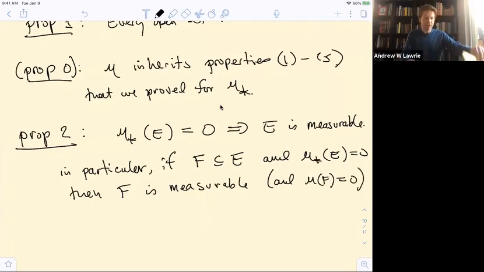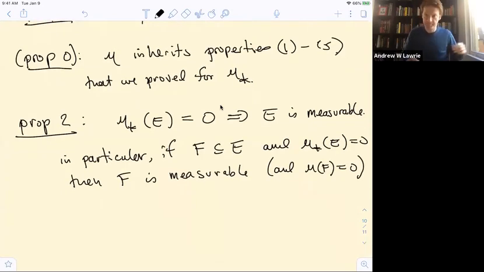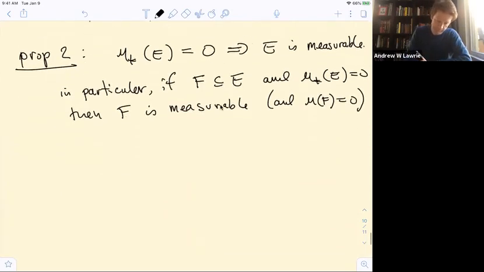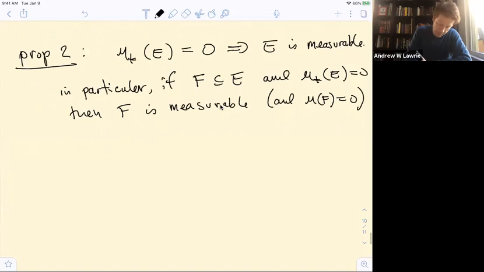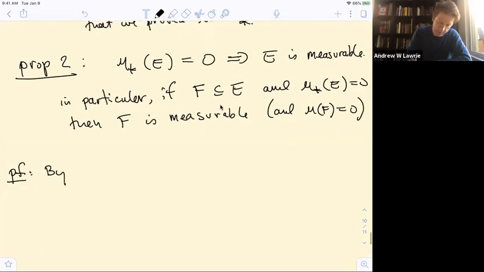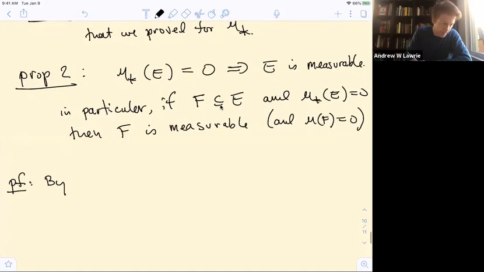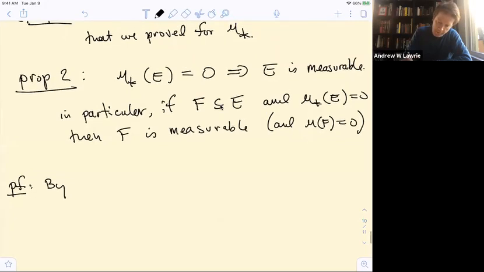So this requires some argument. By, what did I call these before? I think I may have a labeling issue.